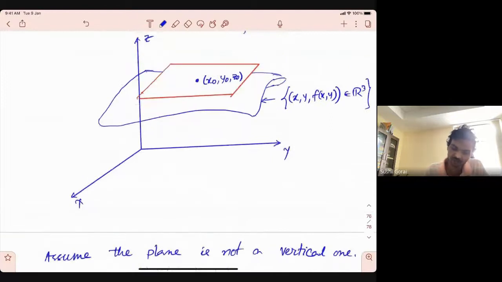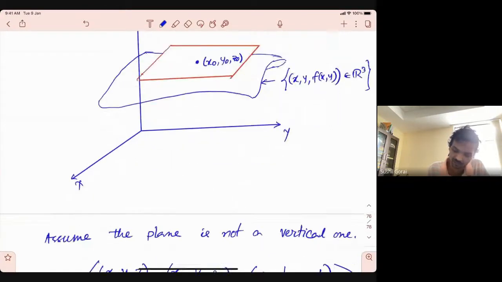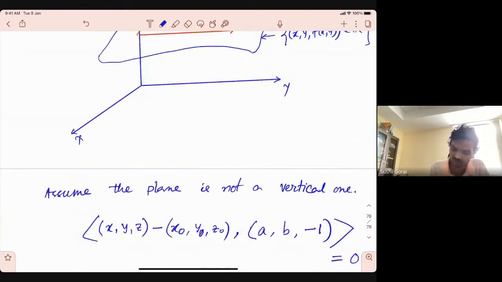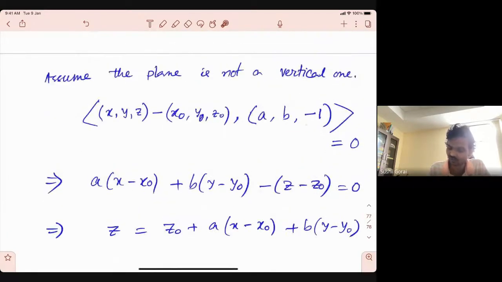But if we assume that this is not a vertical one, then you can divide by something and get -1. If you multiply by a constant here, the whole thing does not change, because the constant will be multiplied into all the members of the equation.